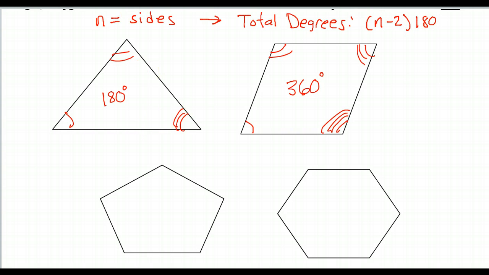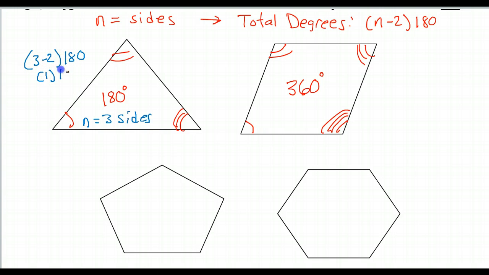So for a triangle, if we use that formula, n minus 2 times 180, well, the number of sides is 3. This has 3 sides, obviously, so n is 3. So that would make this 3 minus 2 times 180.